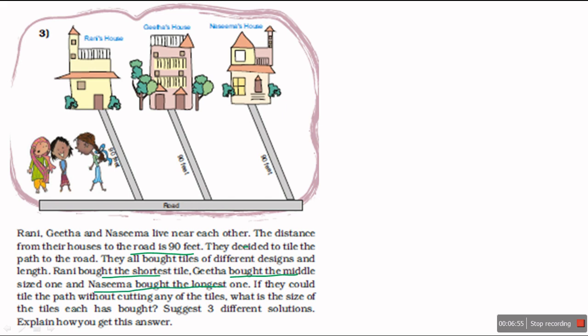If they could tile the path without cutting any of the tiles, what is the size of the tile each has bought? Suggest three ways, because there are three different paths. What could be the different sizes of tile that could fit in the path without cutting?